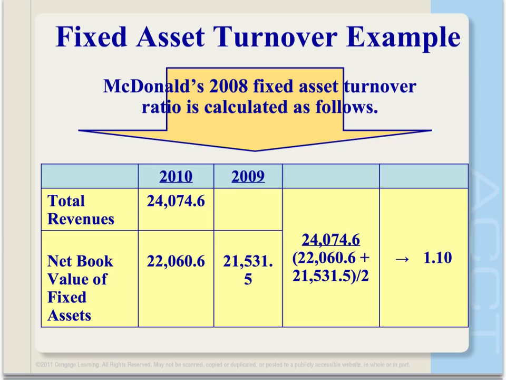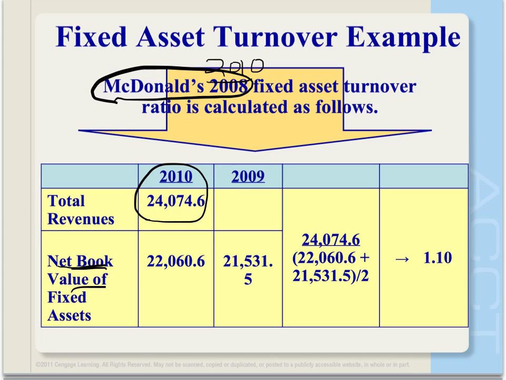Let's go ahead and take a look at an example here for McDonald's for 2008. Here they're giving us 2010. They're giving us total revenues for 2010. So looking at this should be for 2010, not 2008. Another error. I'm keeping track of these. The net book value has already been calculated for you.